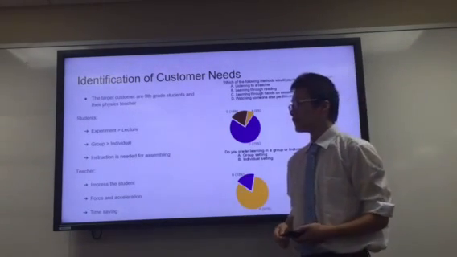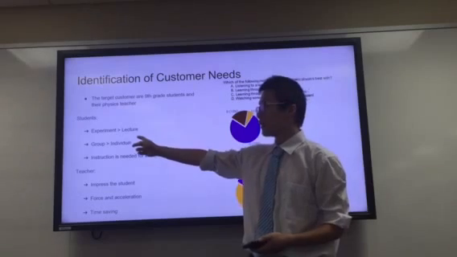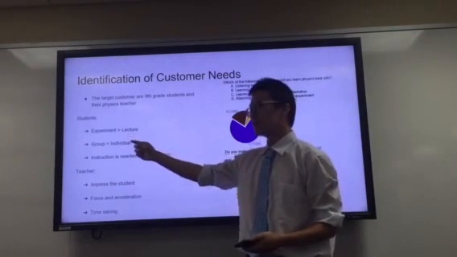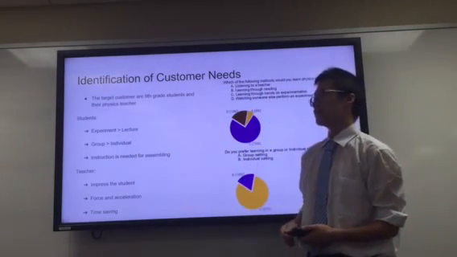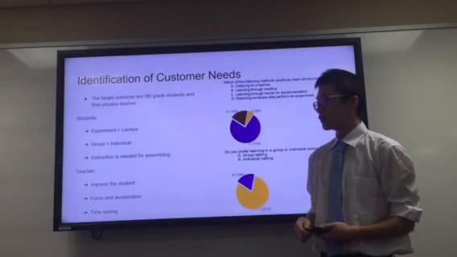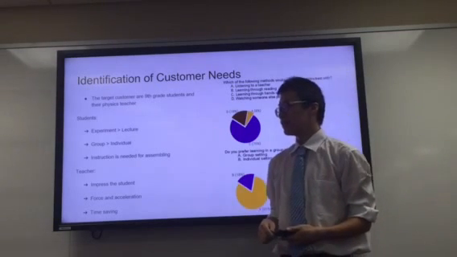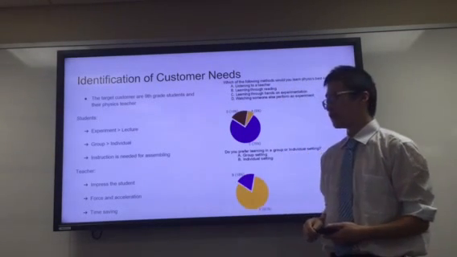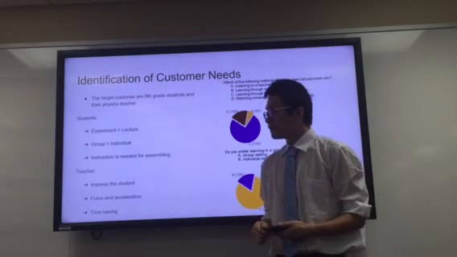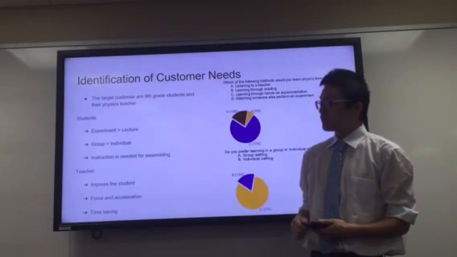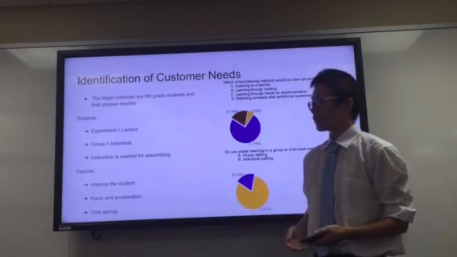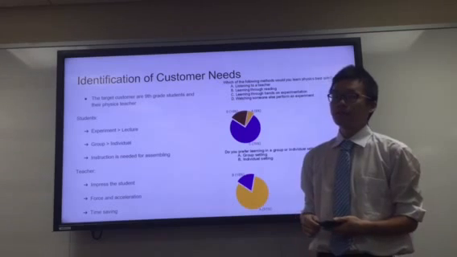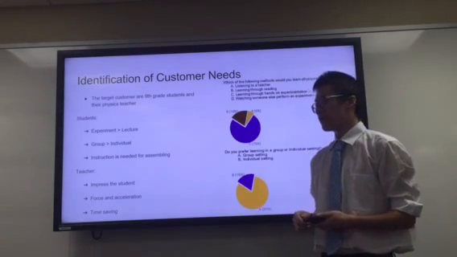As we found, for the students, most students like to have an experiment rather than a lecture for their physics class. Also, they like to do the experiment in a group rather than individually. Also, most students like to have detailed instructions for the product so they can build it in a short time.